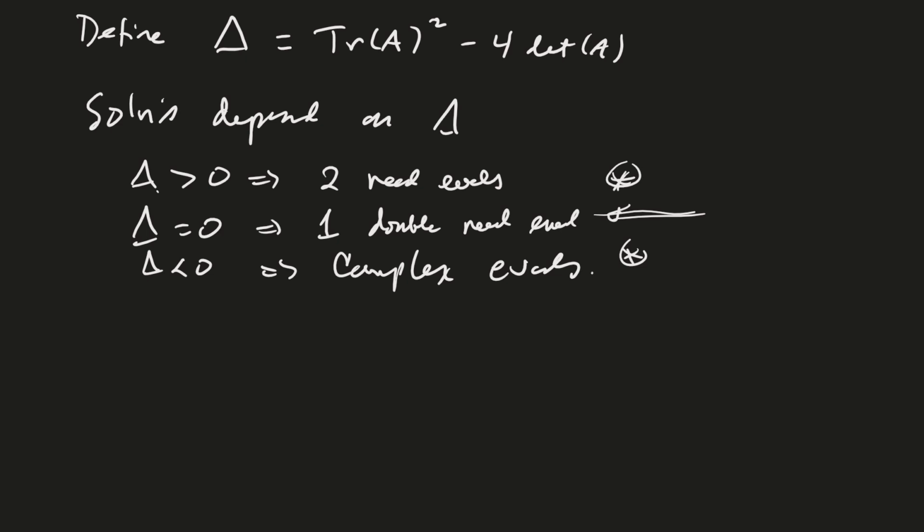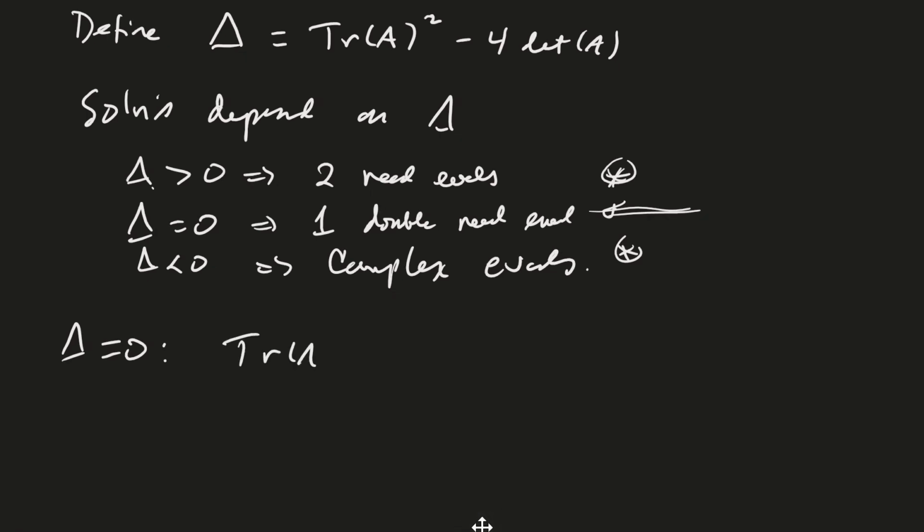And so if we look at where delta equals 0, that's the dividing line, so to speak, where the trace of A squared minus 4 times the determinant of A equals 0.